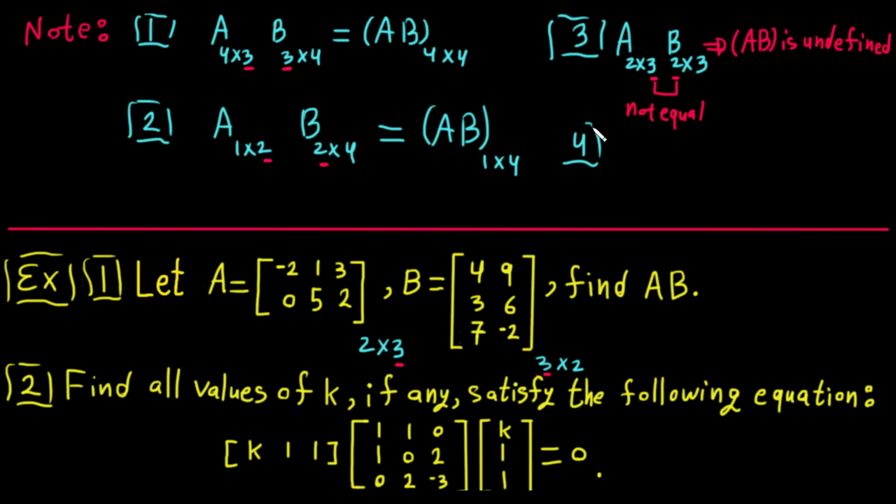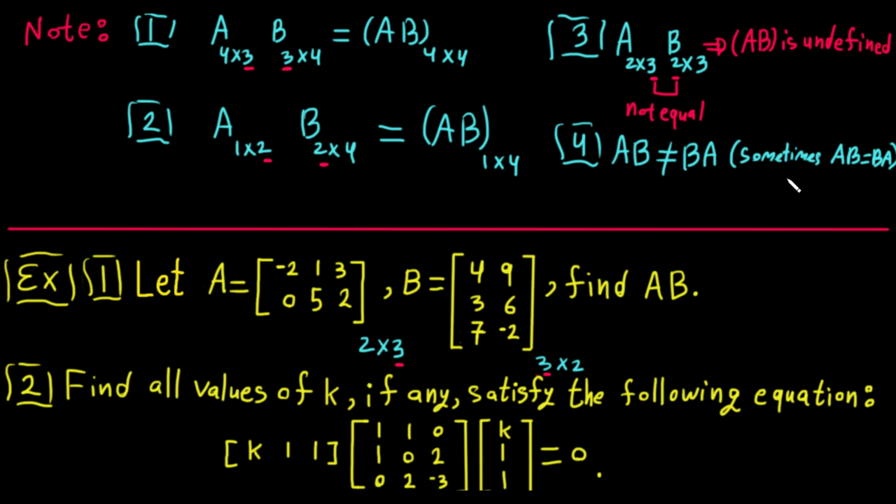Example 4. For any matrices A and B, AB does not necessarily equal BA. If you multiply AB and you multiply BA, for example, 2 by 2 matrices, then these 2 by 2 matrices are not equal, but sometimes AB equals BA, but not always.